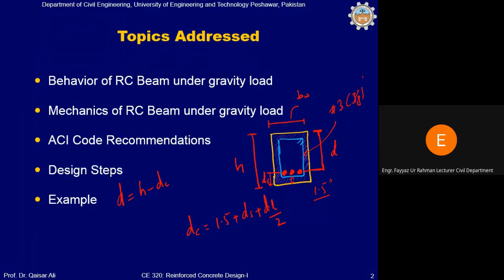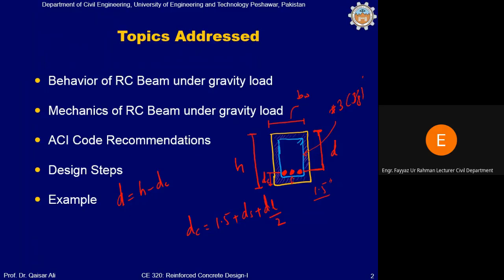So for the analysis of an existing RC beam, you will know the dia of stirrup and the dia of longitudinal bar. However, for the design of an RC beam, since you will calculate the longitudinal reinforcement, in the start you don't know the dia of longitudinal reinforcement.